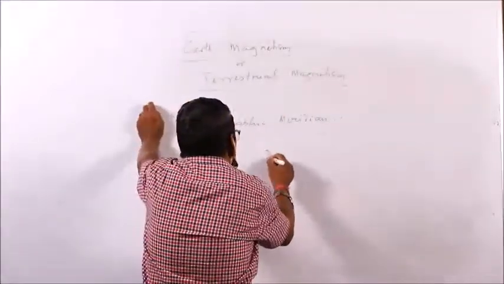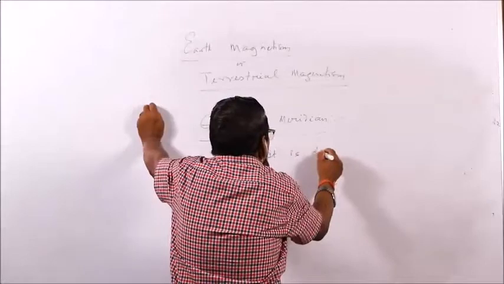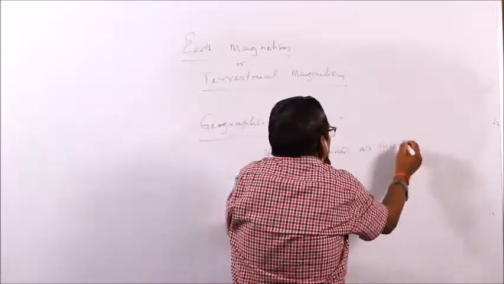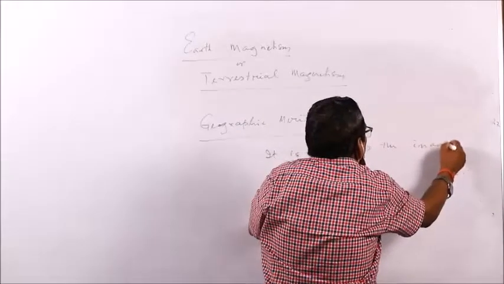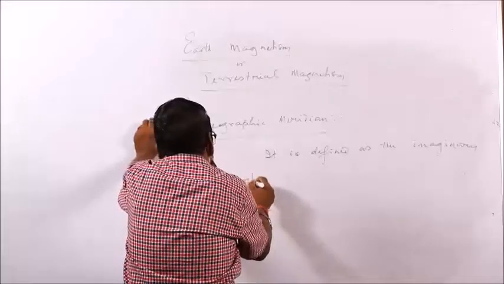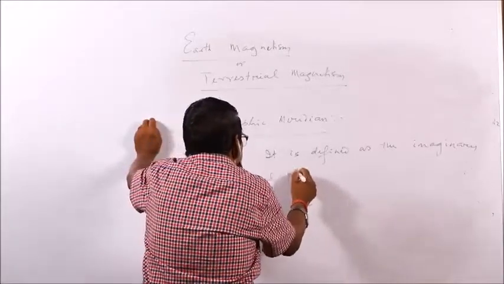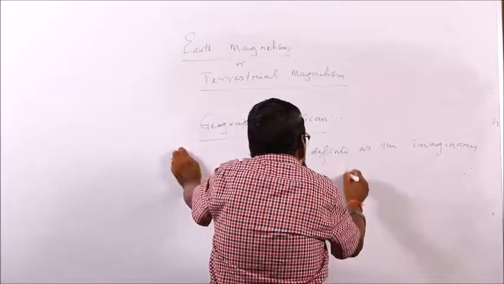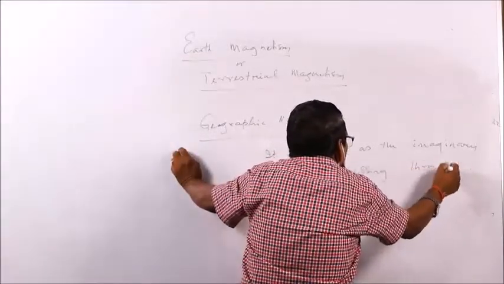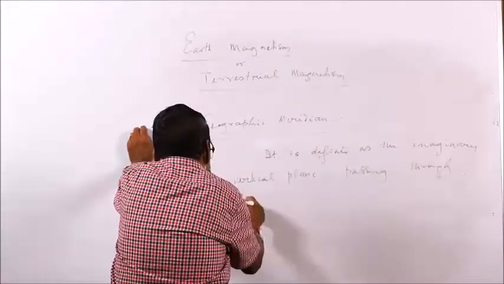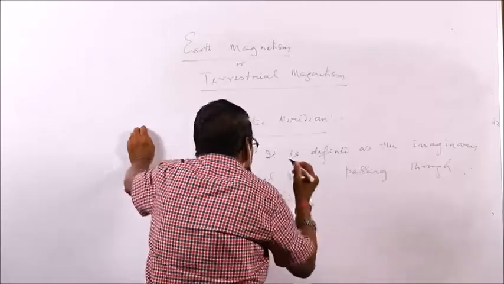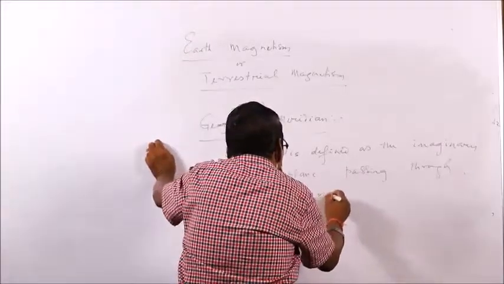It is defined as the imaginary vertical plane passing through the geographic north-south of Earth.